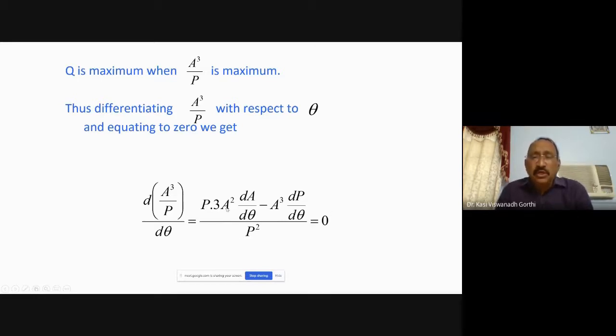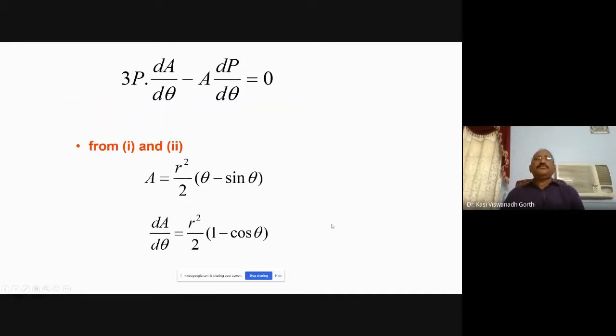Take out A square common, so that you have 3P into dA by d theta minus A into dP by d theta equal to 0.